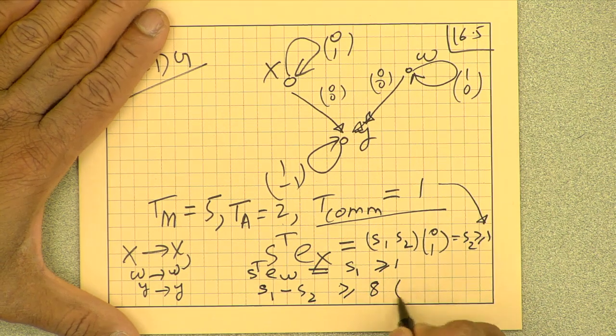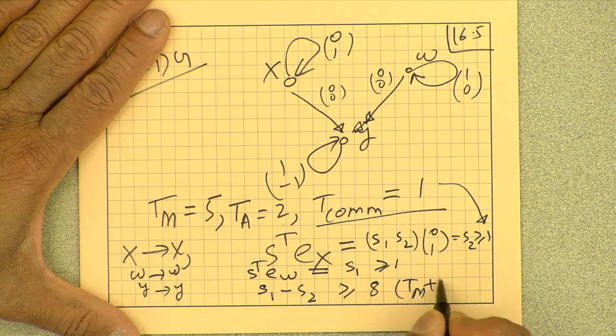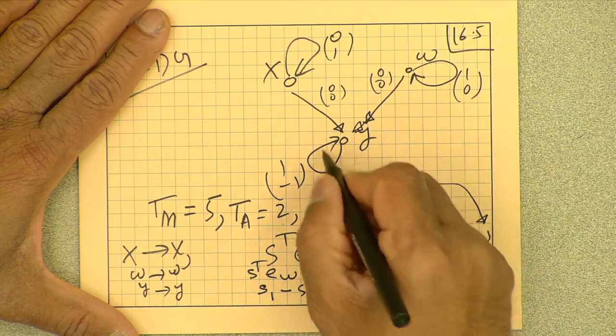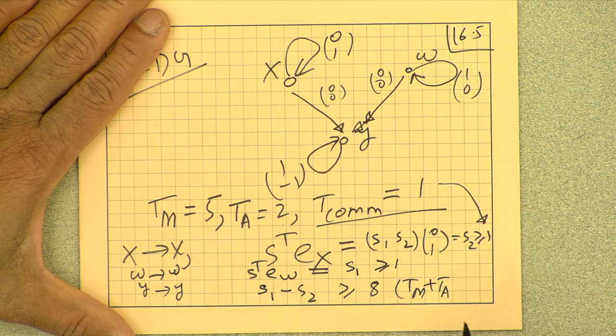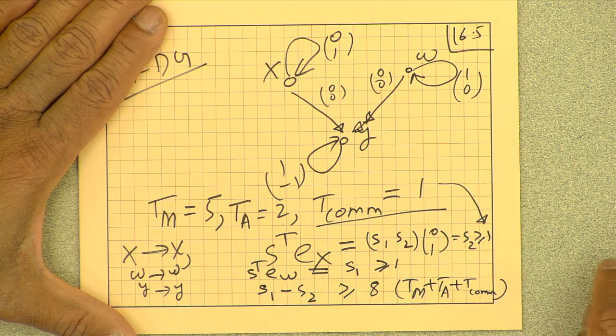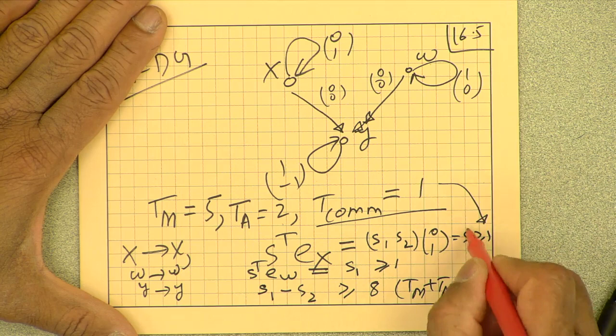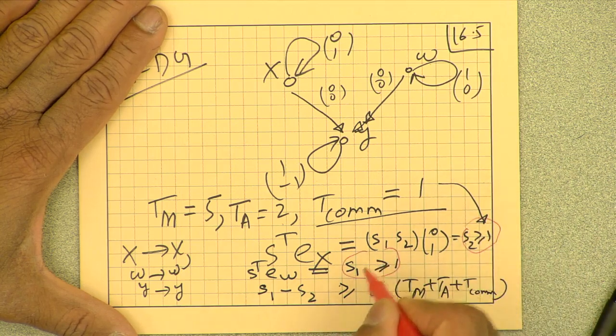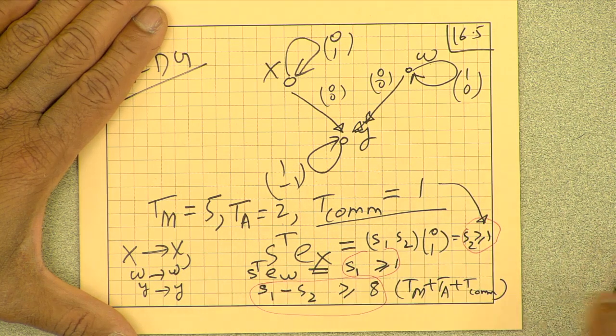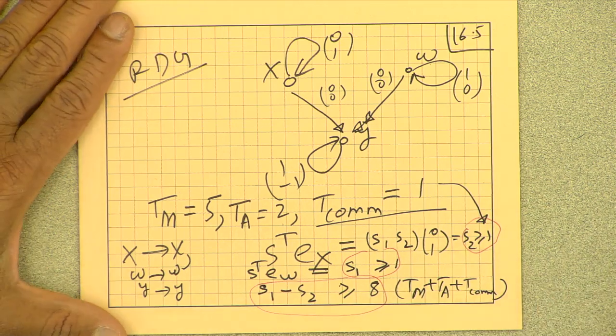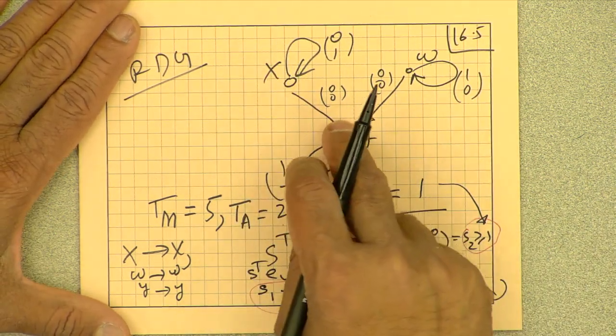Why 8? That is the time to multiply. So there is multiply add going on at that computation y, plus the communication also is 1, and that should be 8. So we have these equations here, S2 greater than or equal to 1, S1 greater than or equal to this, and that is greater than or equal to this, and finally this adjusts x to y.